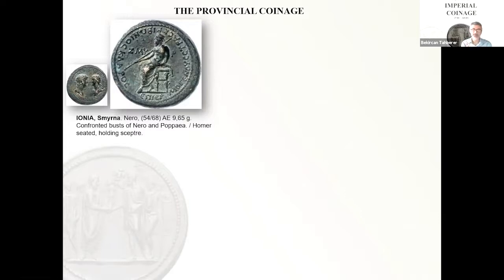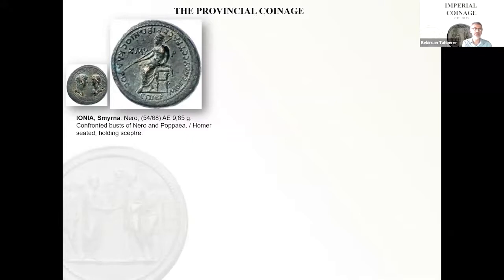Yet the system was very, very effective, very widespread. Literally, the province of Asia, known to be a province with 500 cities, minted coins for almost 350 years from the time of Augustus.